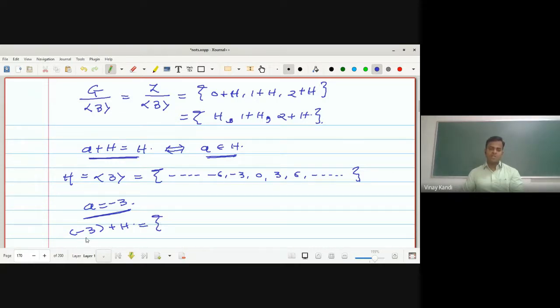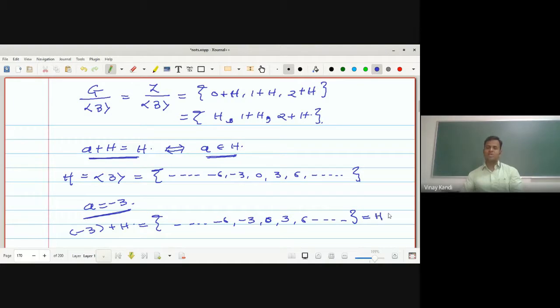Add minus 3 to each and every element of H. 0 minus 3 is minus 3, 3 plus minus 3 is 0, 6 minus 3 is 3, and so on. And here minus 6. So what do we get? This is H again.